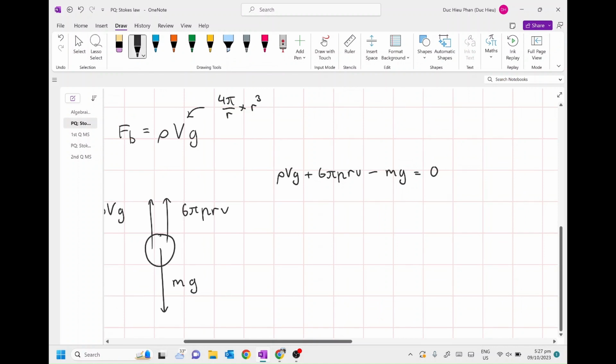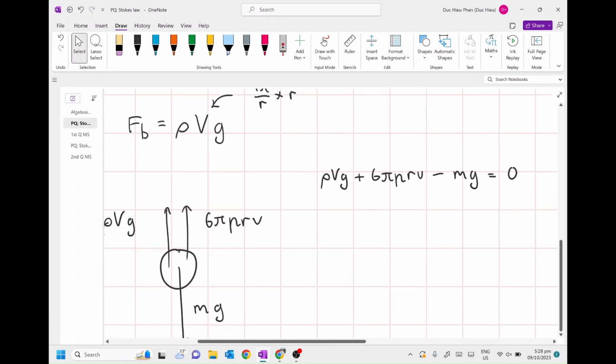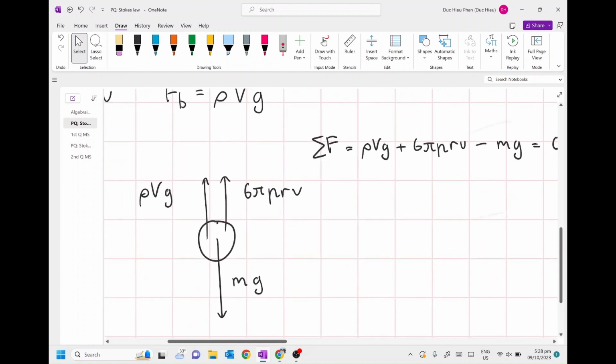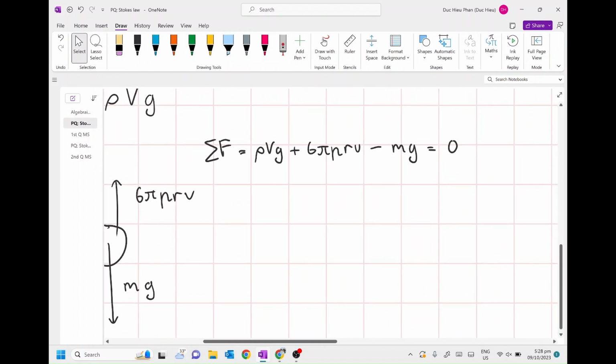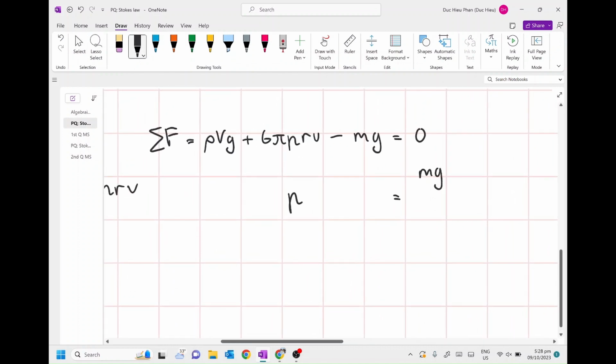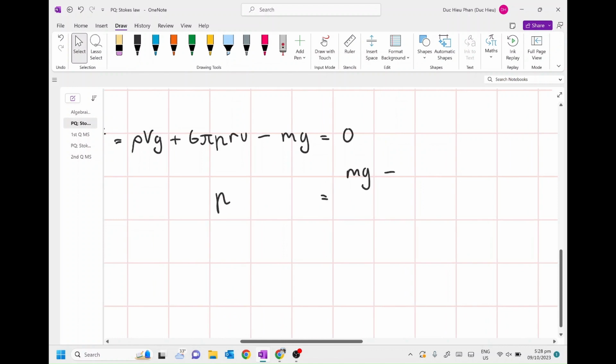I should say this is the summation of all the forces. We want to rearrange this to isolate for eta, and we're going to do a little bit of algebra. So this will be mg. You can probably skip through this, actually, if you don't want to watch me do this.